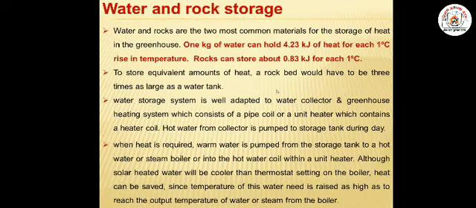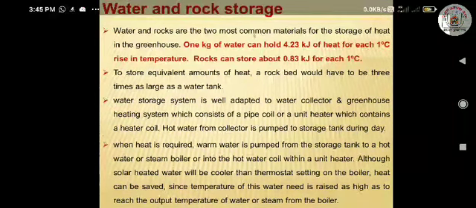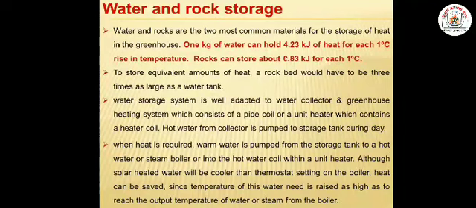Then next to that, the water and rock storage system. Okay, here 1 kg of water holds 4.23 kilojoule of heat for each rise of temperature by 1 degree centigrade, whereas rock can store about 0.83 kilojoule for each rise of temperature by 1 degree centigrade. Okay, water is the best source of heat storage, and rock is also a good source of heat storage.